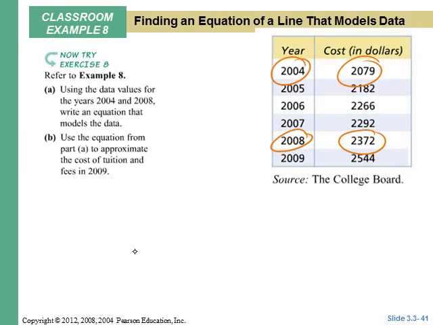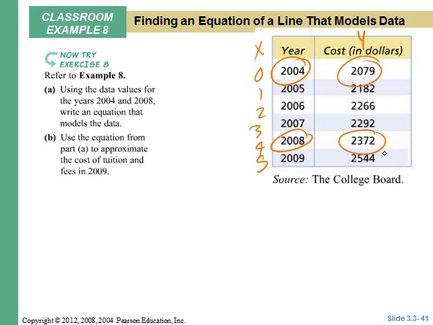I'm not sure which year we're supposed to use as X is 0. X is 0 is 2004. So we'll say X is 0, 1, 2, 3, 4, 5, okay? And then this will be Y.